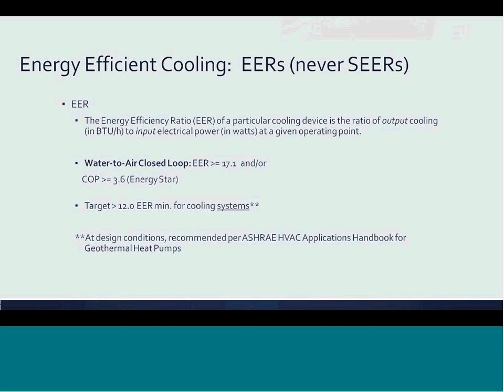The EER target of 12.0 referenced in the slide is from that blue book, and it is for the overall system efficiency at maximum entering design temperatures, and referenced at the bottom of the slide as well. So both the blue book and ASHRAE have this recommendation for target efficiency.